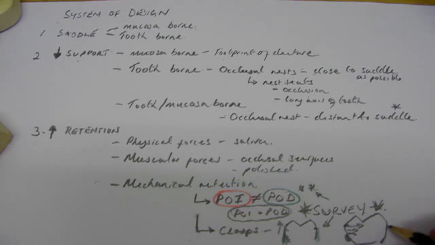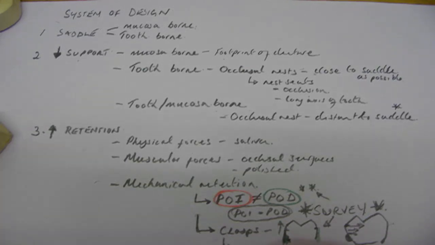And so what we must do is provide something on the opposite side of the tooth to stop this tooth movement, and it makes the clasp more effective and protects the tooth, and we call that reciprocation. So wherever we have a clasp we must have reciprocation.